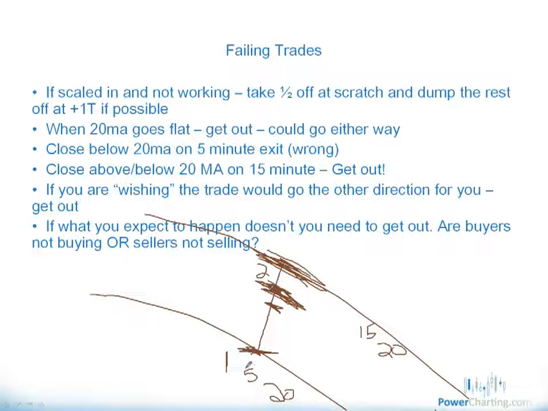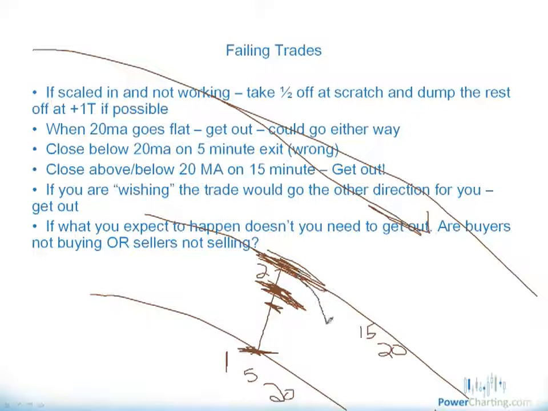Now, what I'm expecting to have happen is what was supposed to happen originally, because the market's in a strong downtrend. I'm expecting this thing to hit this and roll over and die.